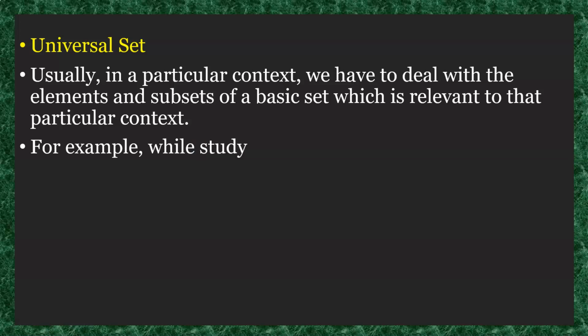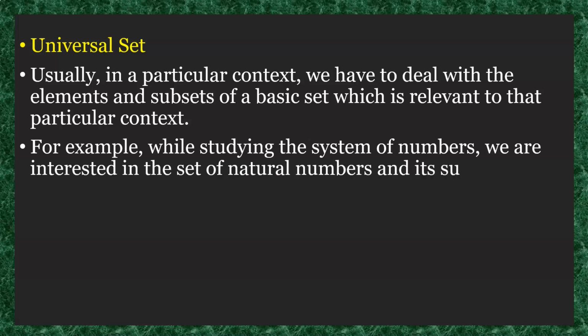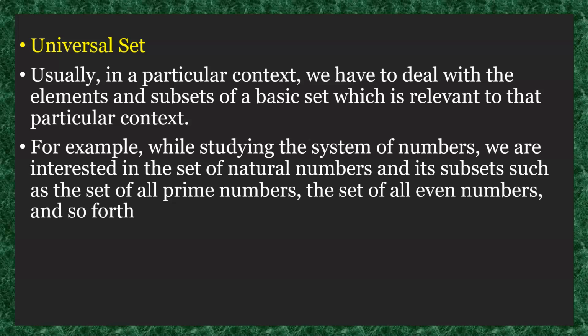For example, while studying the system of numbers, we are interested in the set of natural numbers and its subsets, such as the set of all prime numbers, the set of all even numbers, and so forth.